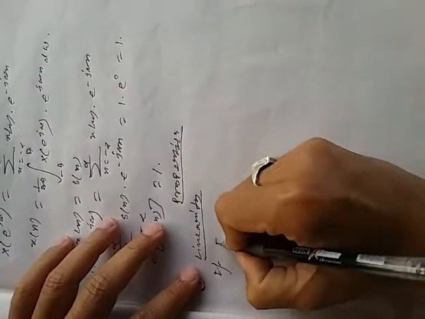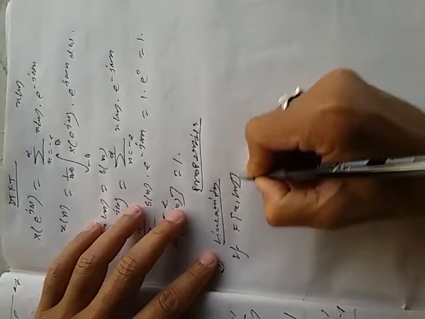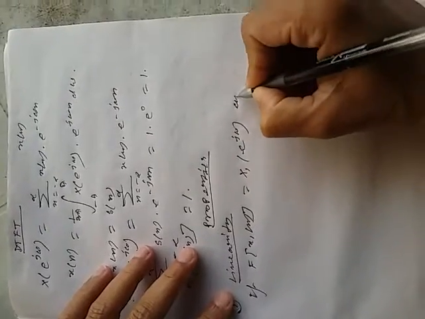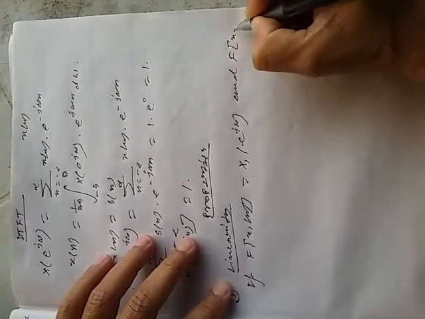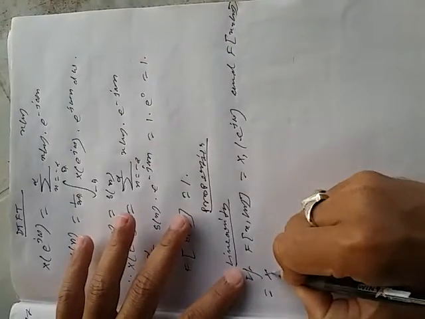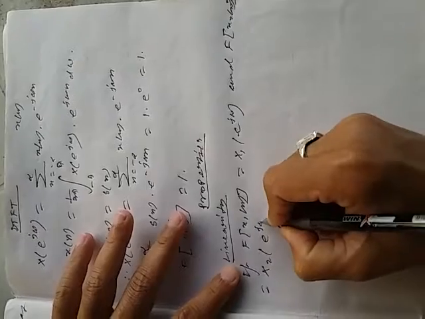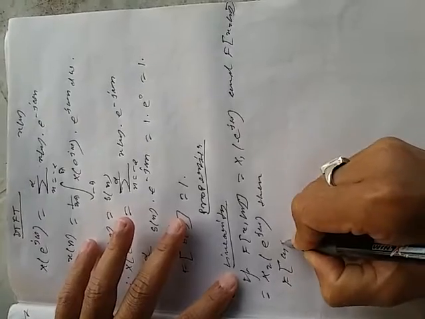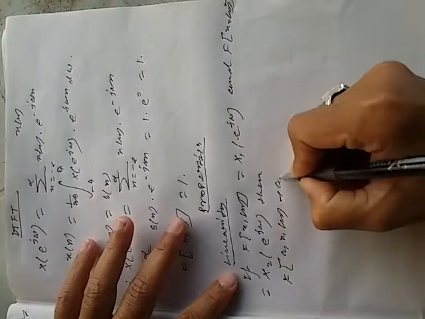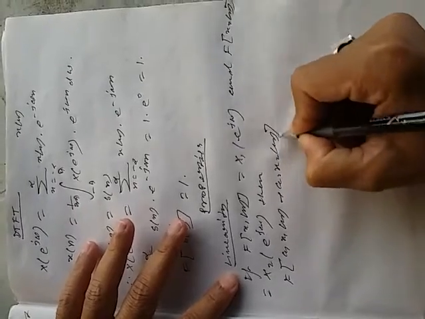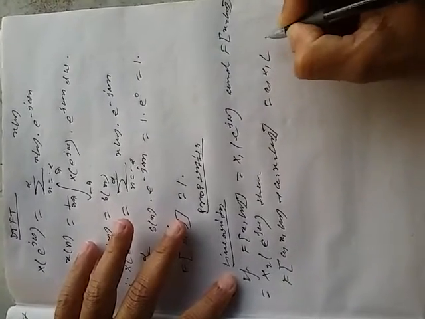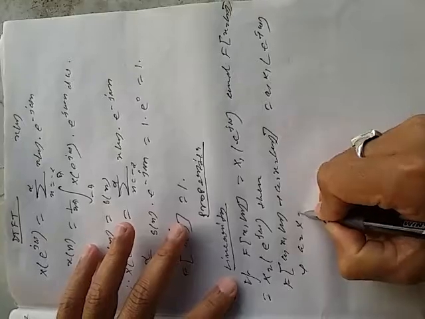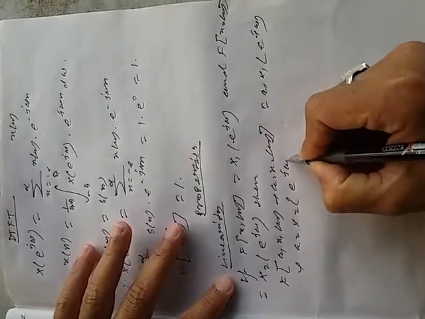If Fourier transform of x1 n equal to X1 of e to the power j omega and Fourier transform of x2 n equal to X2 of e to the power j omega, then Fourier transform of a1 x1 n plus a2 x2 n is equal to a1 X1 of e to the power j omega plus a2 X2 of e to the power j omega, right?